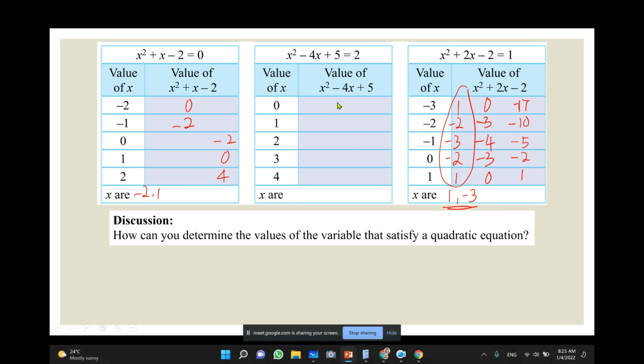Okay, Alicia, have you done with this? Yes. Okay, can you give me the value here? 5, 2, 1, 1, 2, 5. Okay, what is the value of x here? 1 and 3. Actually, for the value of x that we have over here, it is supposed to be 2 plus i and 2 minus i, but I will just ignore this part for you because we don't have the exact value of x.